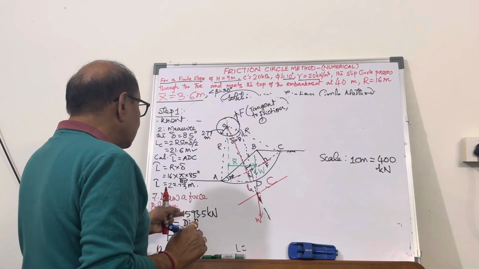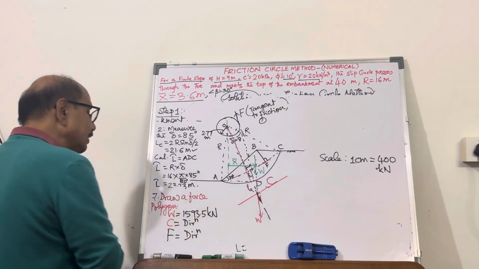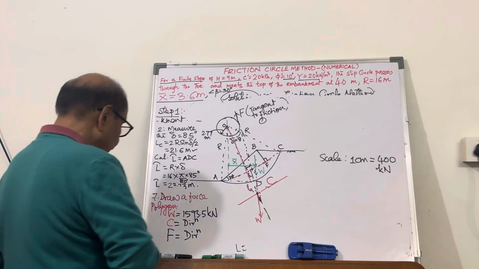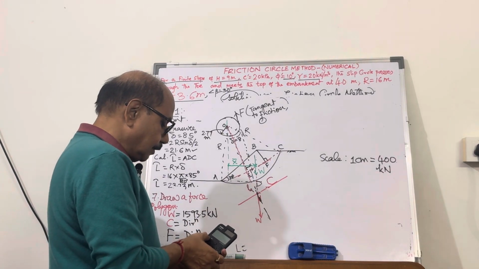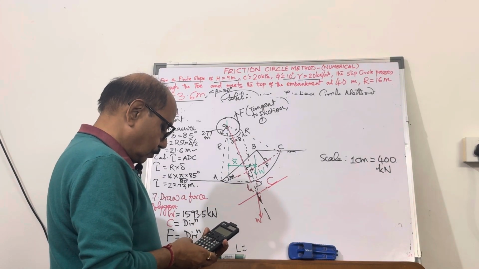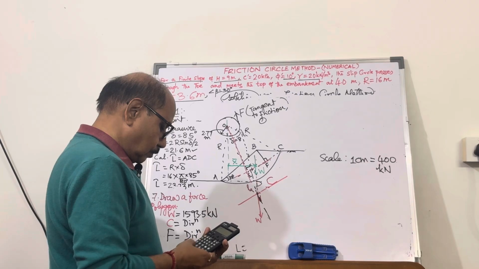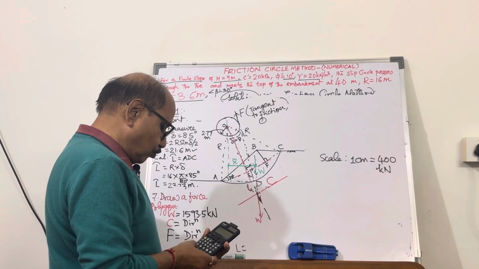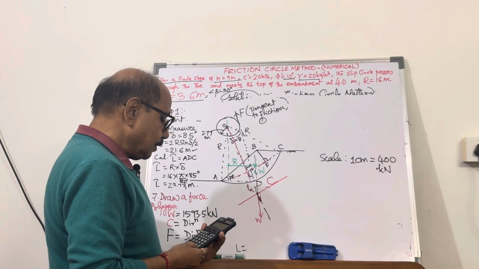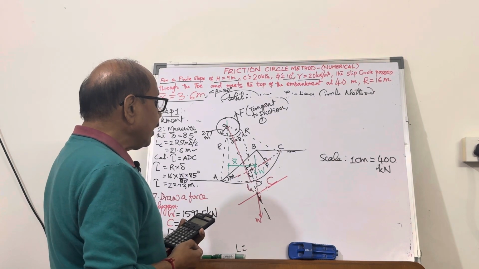So this 1593.5, let's see, divided by 400, 3.98.